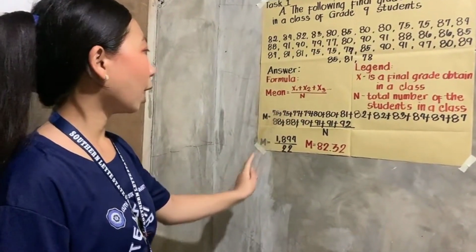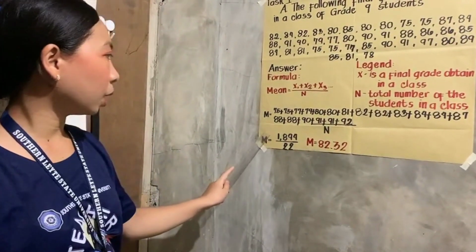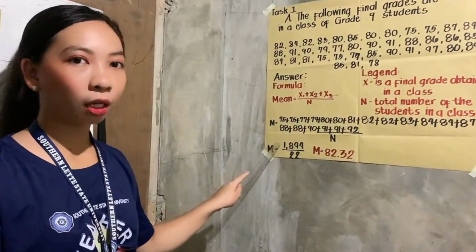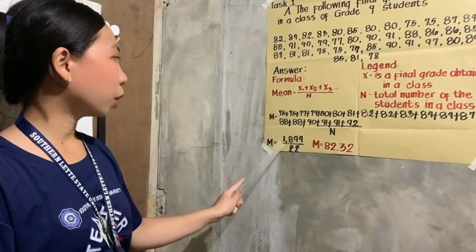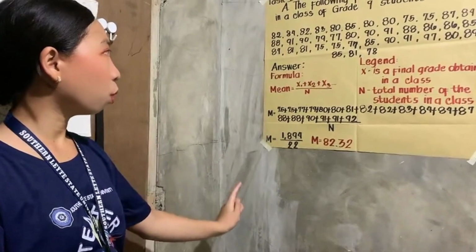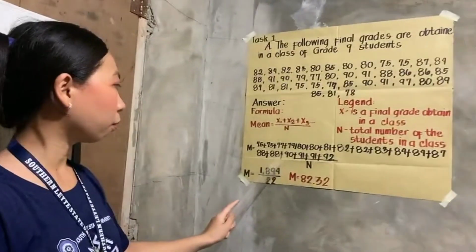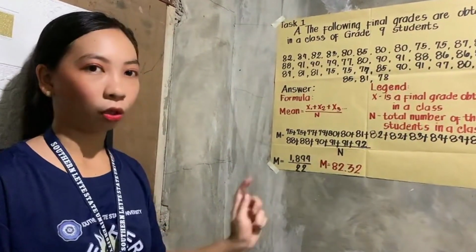As we add all the grades, that will total 1,894. Since we're going to divide it by 22, we can get the mean grade, which is 82.32.